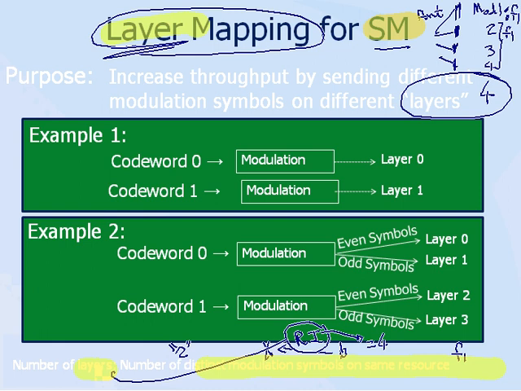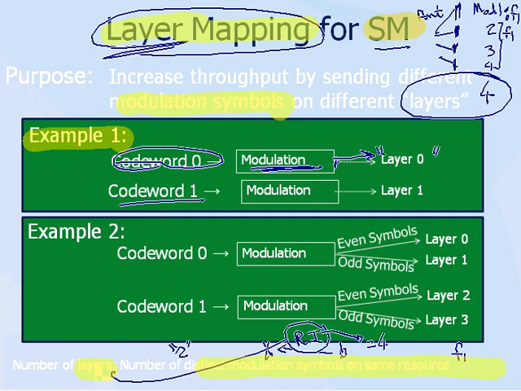So when we say that we are doing so-called layer mapping, we are just trying to figure out where the modulation symbol should go. In this example, I have information coming from this code word, then I do the modulation, and all those modulation symbols I will send on layer 0. I have another code word, I do the modulation, and modulation symbols here are going over layer 1.